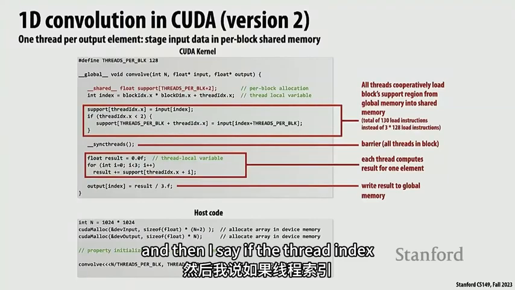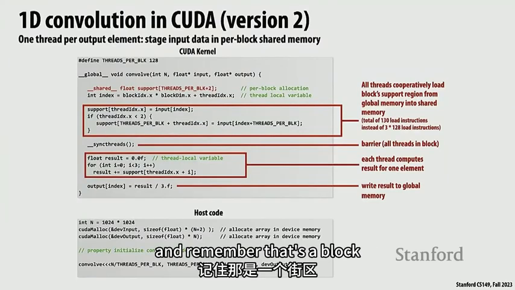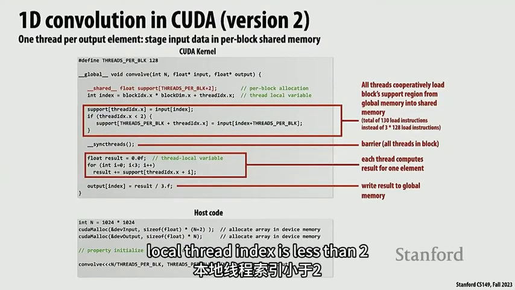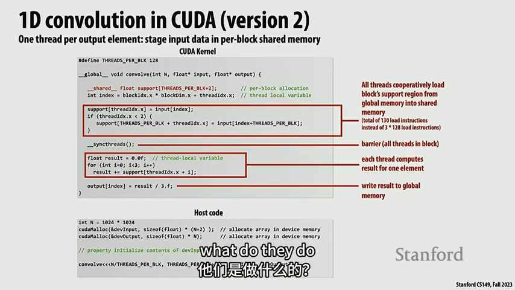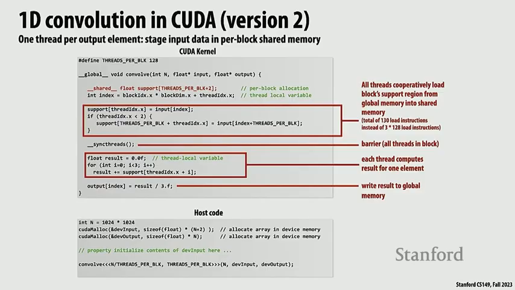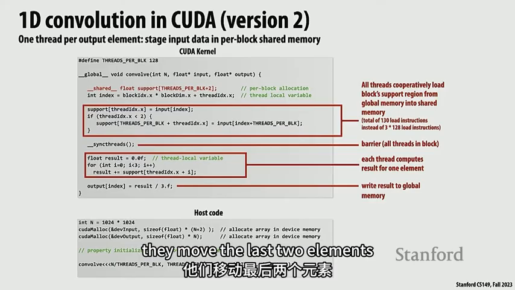And then I say, if the thread index, and remember that's a block local thread index, is less than 2, so in other words, if you're thread 0 or 1 in the block, what do they do? They move the last 2 elements.